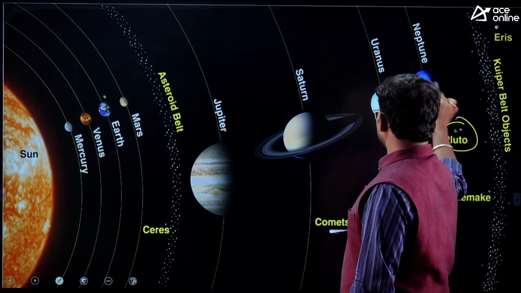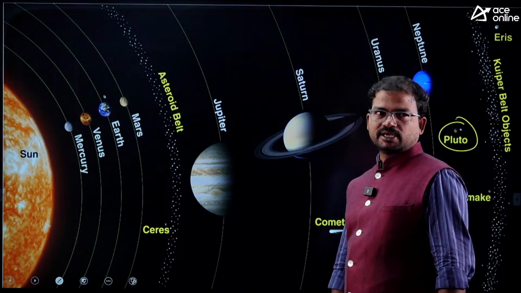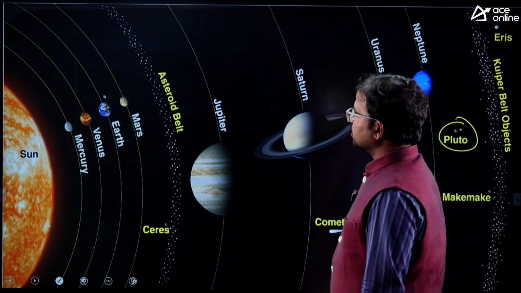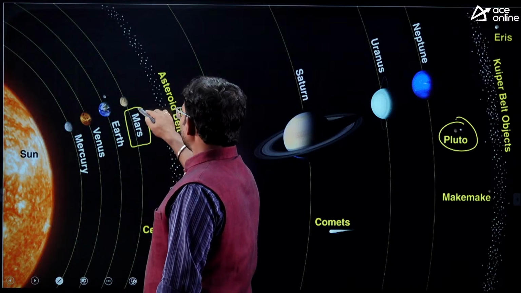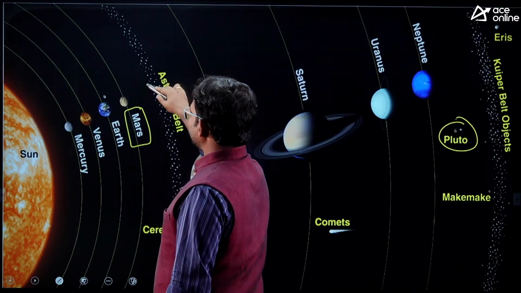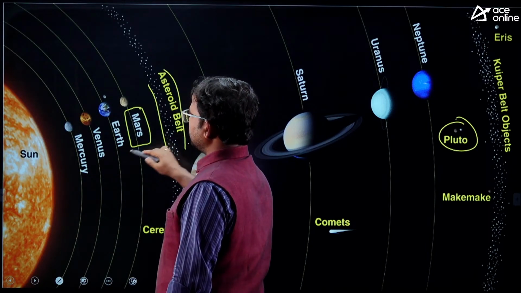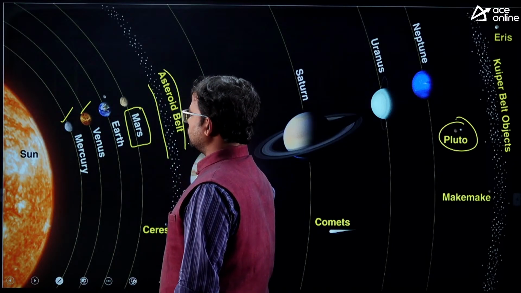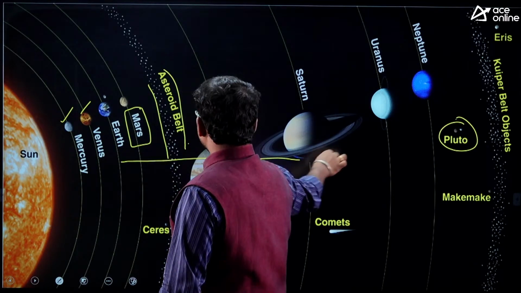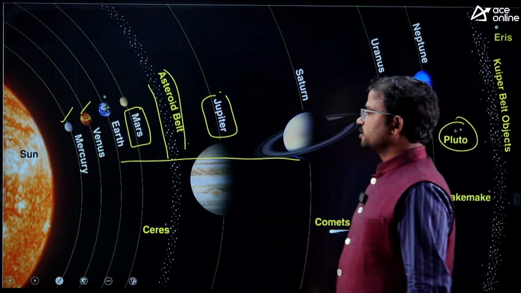Pluto is not treated as a planet; it completely lost its planet designation. Between Mars and Jupiter we have an asteroid belt. Mercury and Venus do not have any natural moons, while the remaining planets have natural moons.